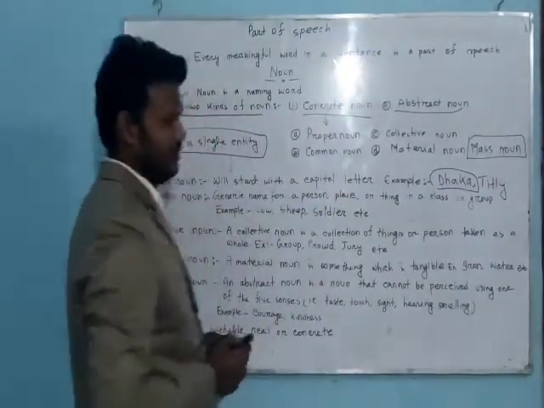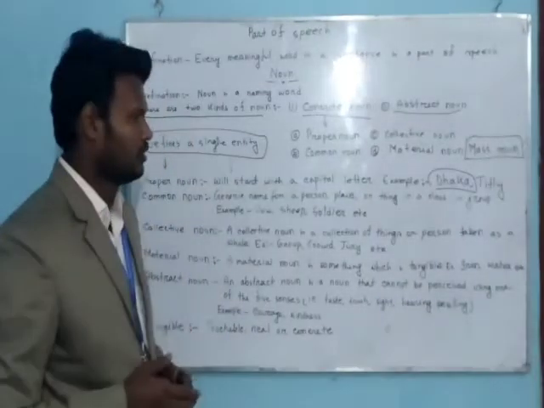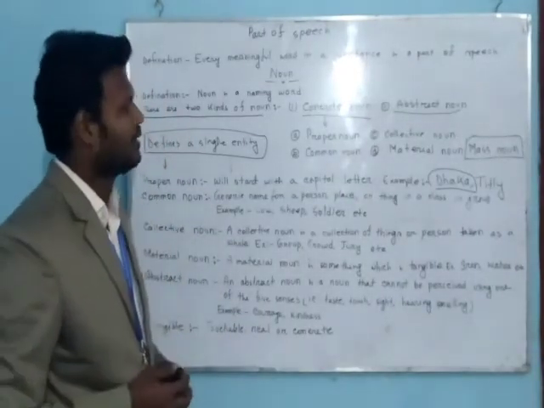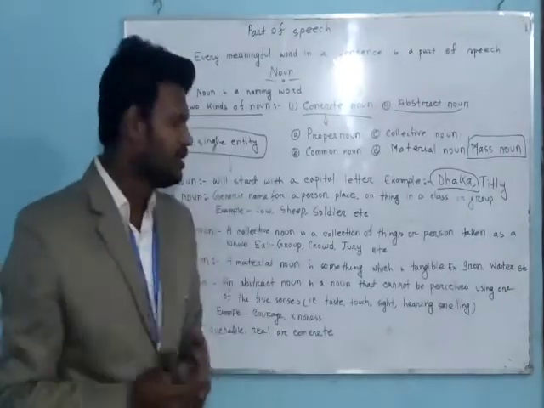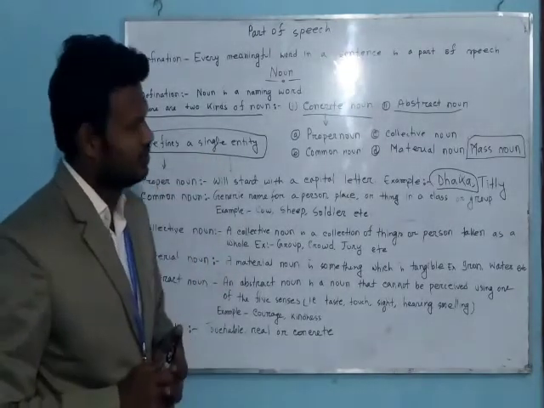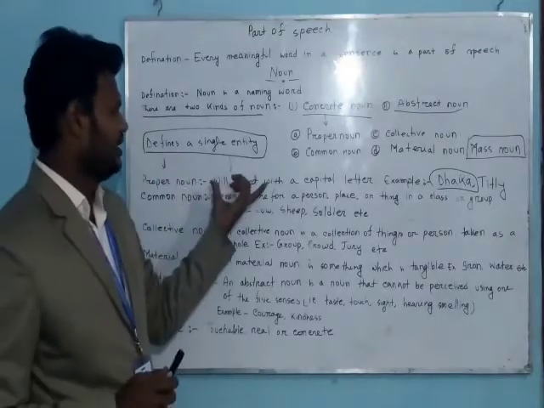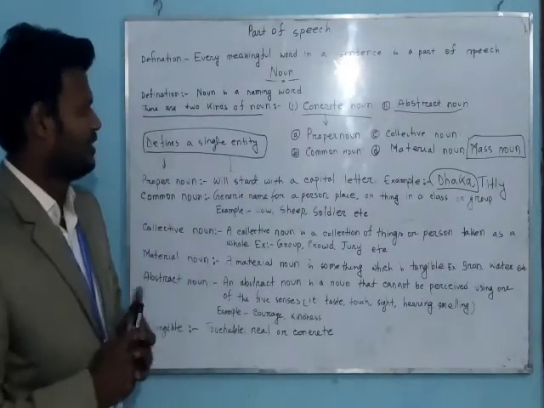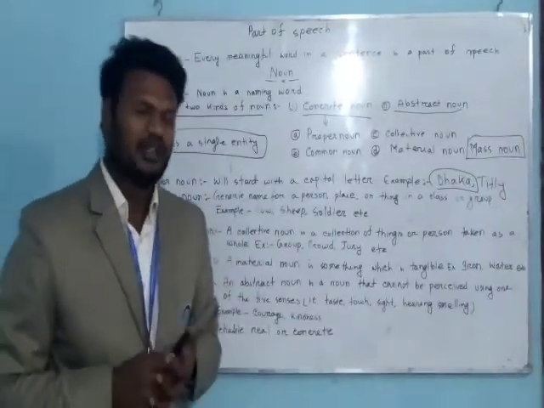Tifli is the name of a girl, and she is only one girl. So Tifli and Dhaka are single entities, and these nouns refer to a single person or a single place. So what is proper noun? Proper noun is a single entity of a person, of a thing, or something else.